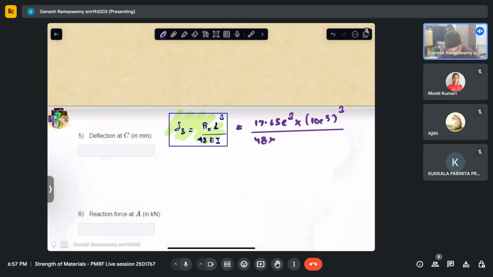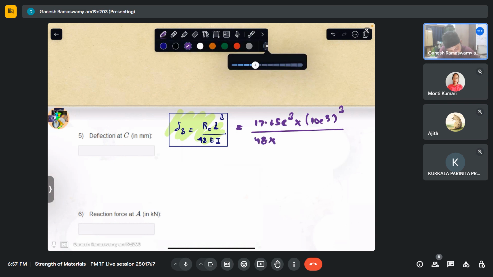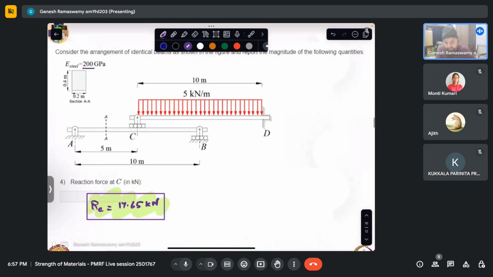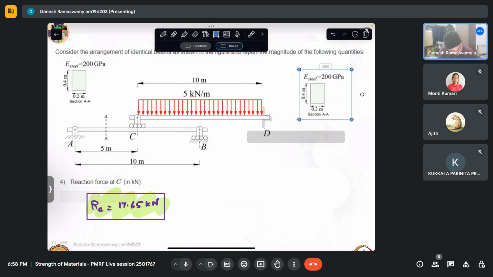Now E for this problem is given to be 200. So in fact, let me just take this and calculate EI. Therefore, IZZ is nothing but 400 cubed by 12 when I convert it to mm.